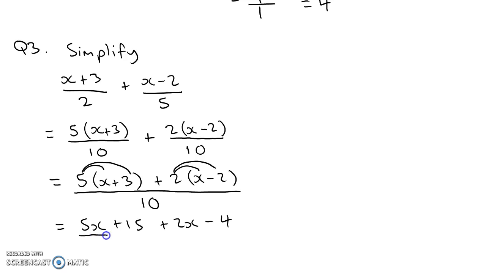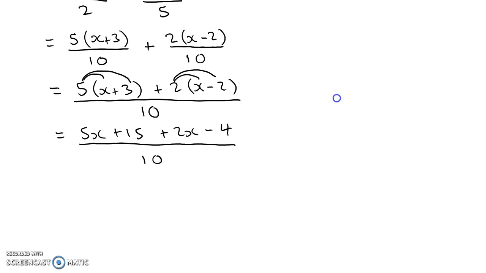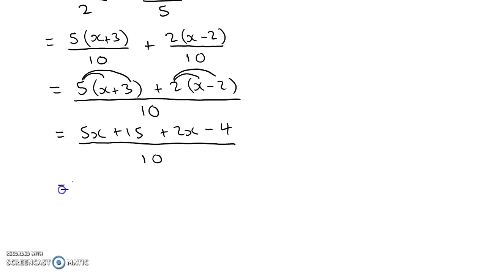And that is all over 10. Nearly there. Now we can collect the like terms for the final step. 5x plus 2x gives us 7x, 15 minus 4 gives us 11, and all of that is over 10.